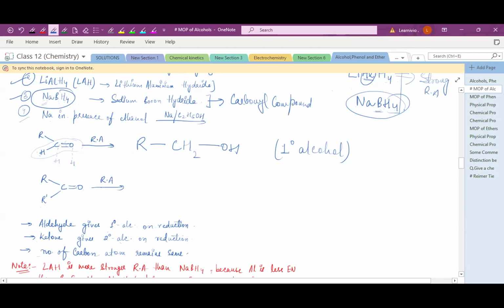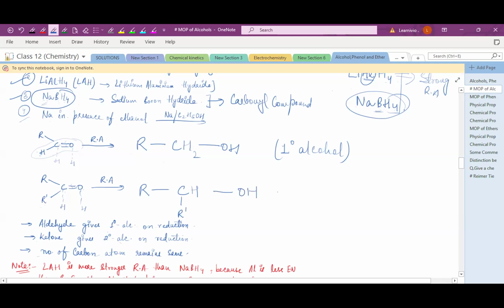And when you are using any reducing agent, what happens? This ketone, again the same thing you have to do. One hydrogen to the carbon, one hydrogen to the oxygen, and just break this bond. So what will you get? R, C, and now only one hydrogen is there, and there is R dash, and this bond will break, and you will get OH.